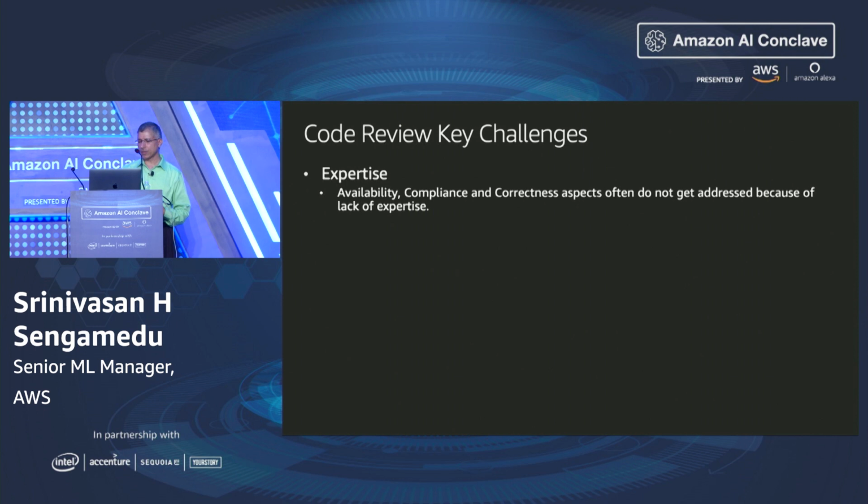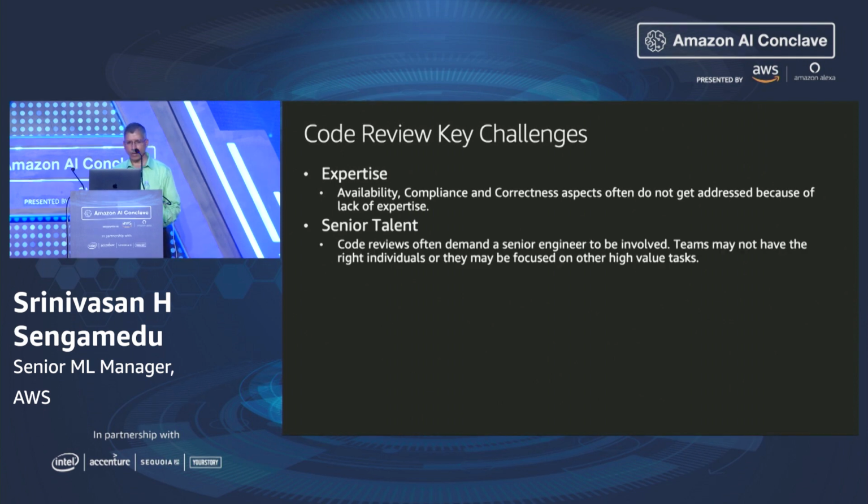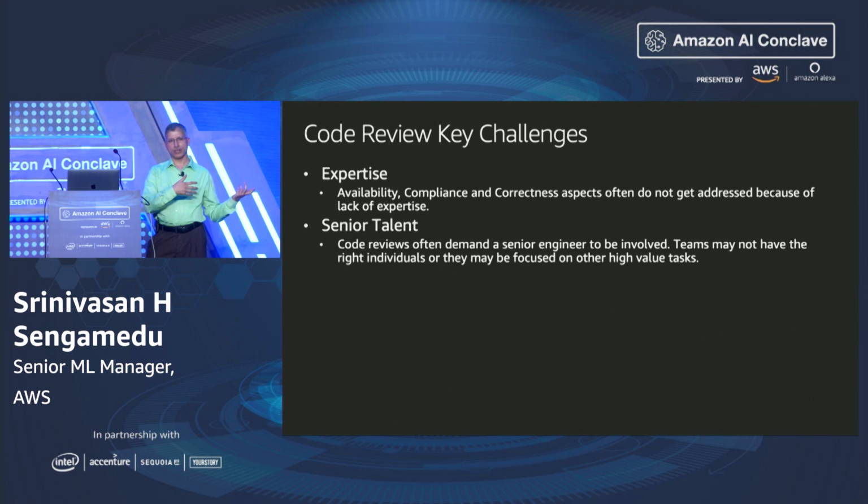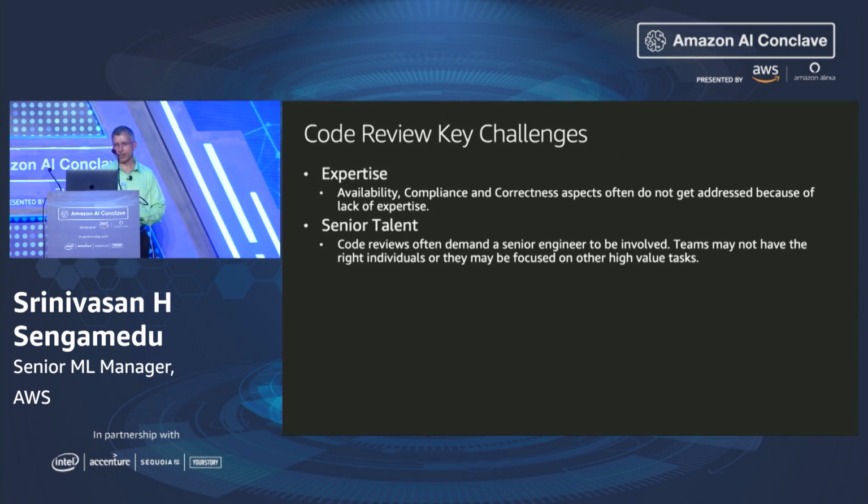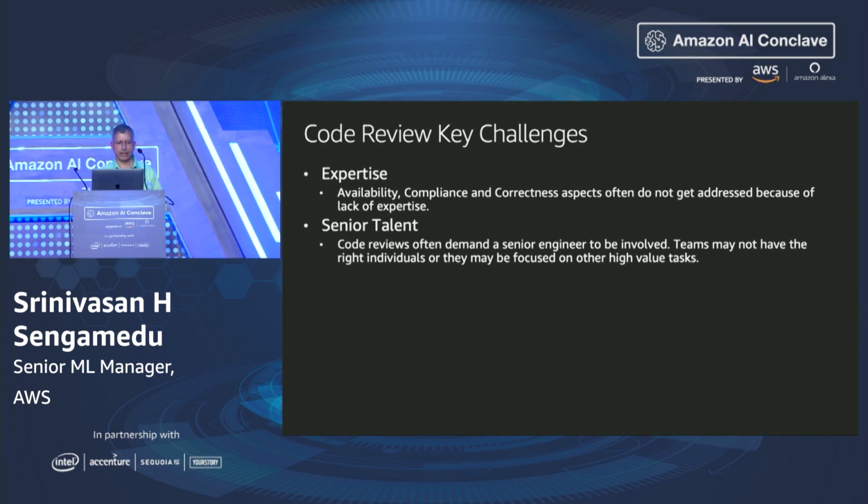And as we saw earlier, these things can actually have production impact. The other one is senior talent. Code reviews often demand senior talent, and the senior engineers may not be available for code reviews. They may be working on other tasks, or if they get involved in code reviews, they may not be able to do other tasks. So there is always this tension.